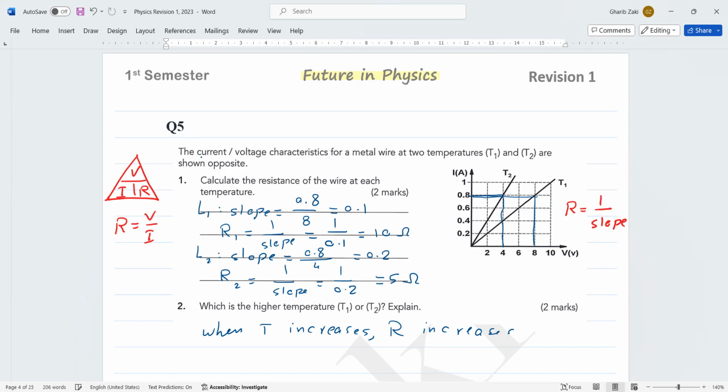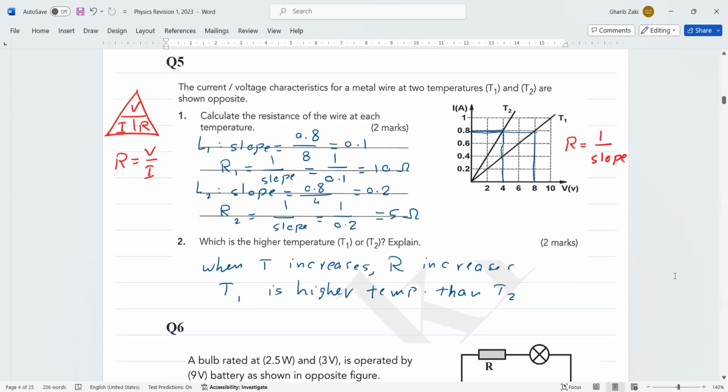Now, T1 is the higher temperature than T2. Why? Because R1 is greater than R2. So this is the reason: R1 is greater than R2.